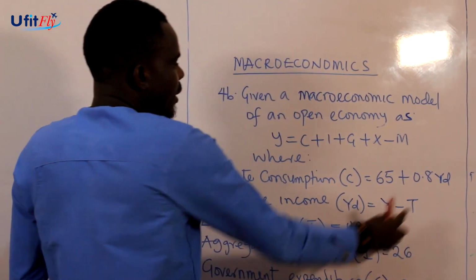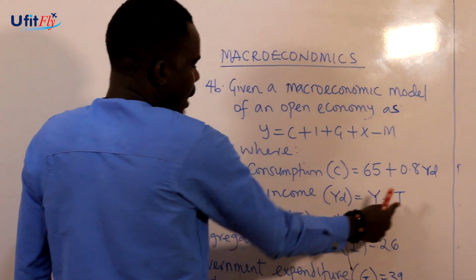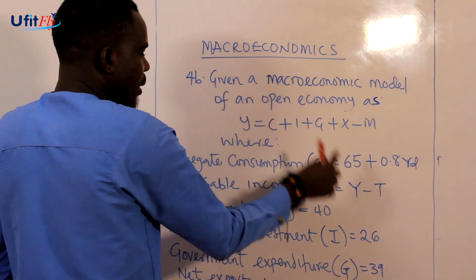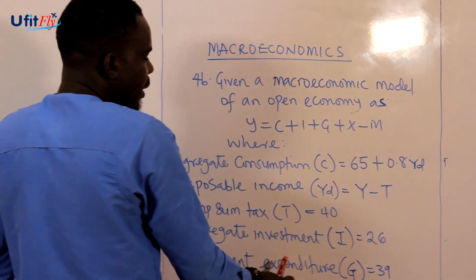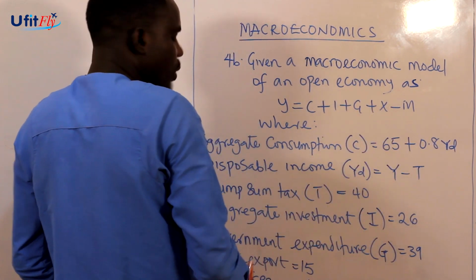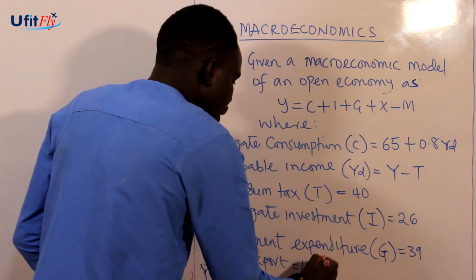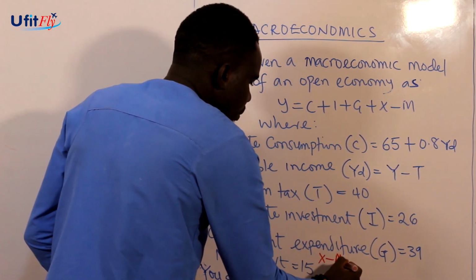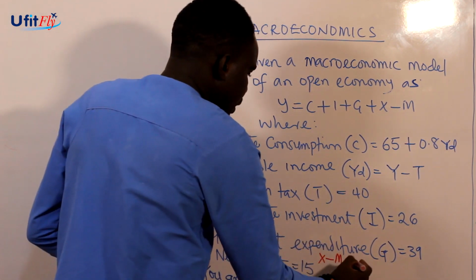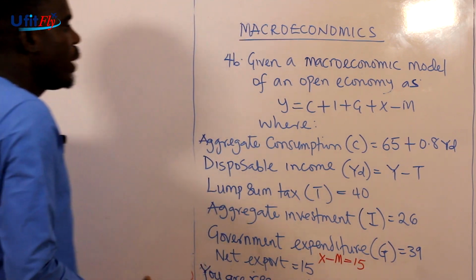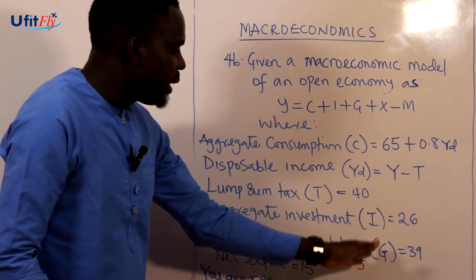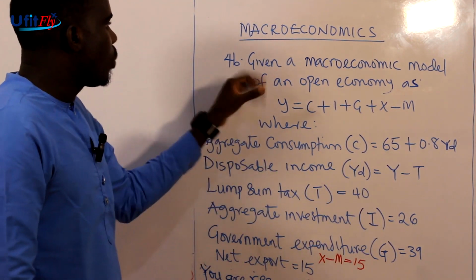Also, YD is income minus tax. Investment, which is the I component, is 26. Government expenditure, which is the G component, is 39. Net export is export minus import, which is 15. Therefore, each of the components has its respective value from the question.